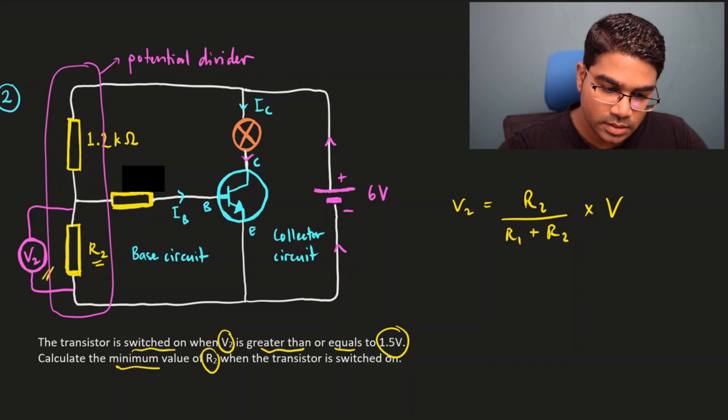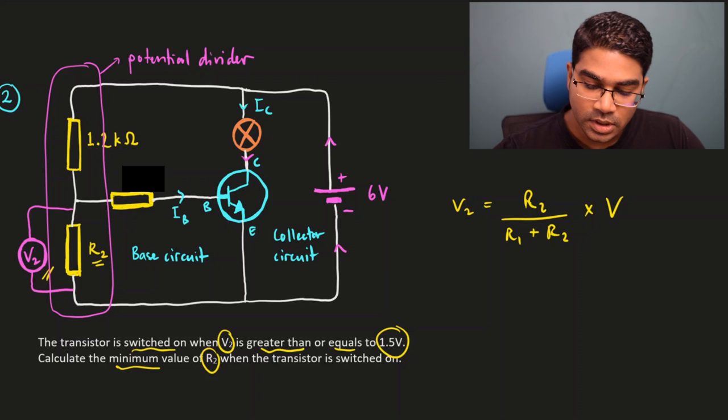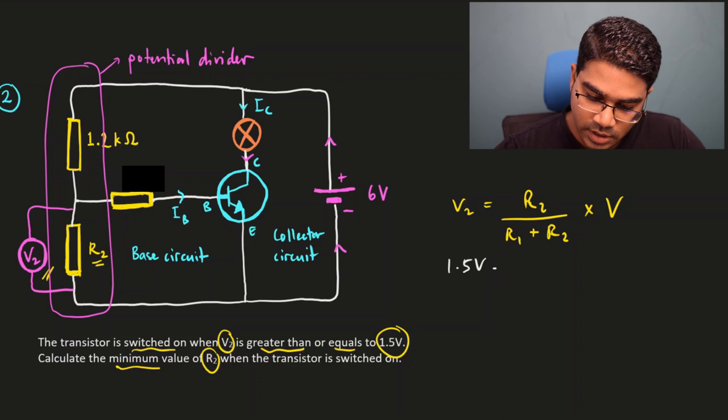So in our case, the condition for the transistor to be switched on is that the voltage V2 must be 1.5 volts.